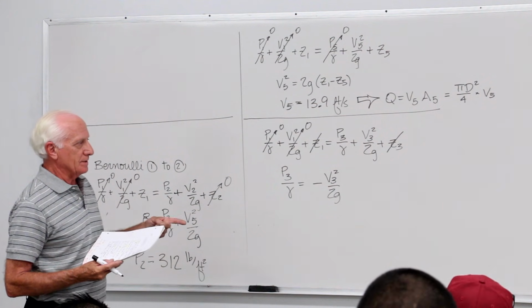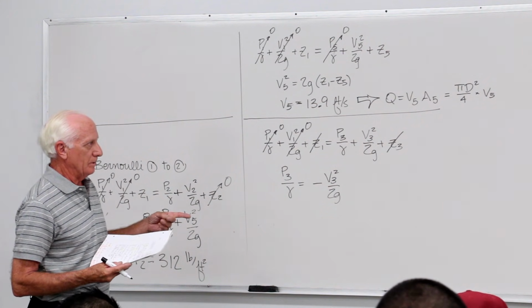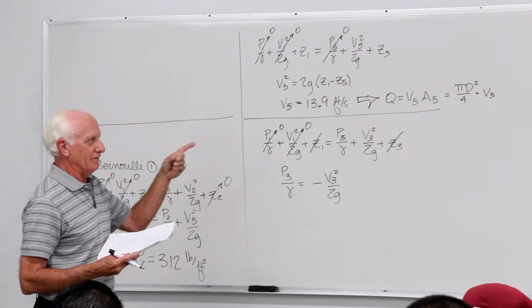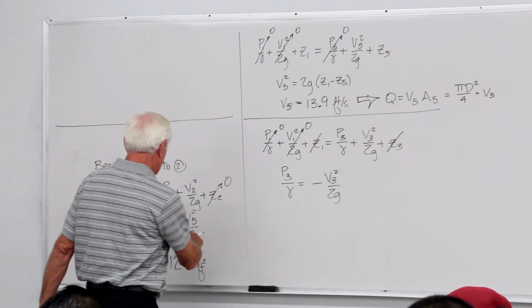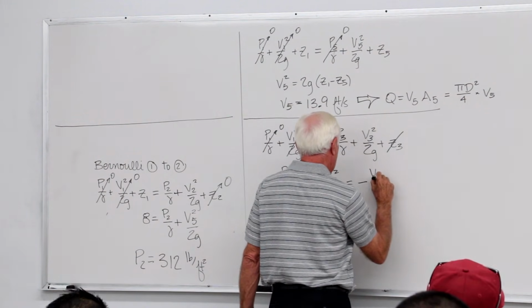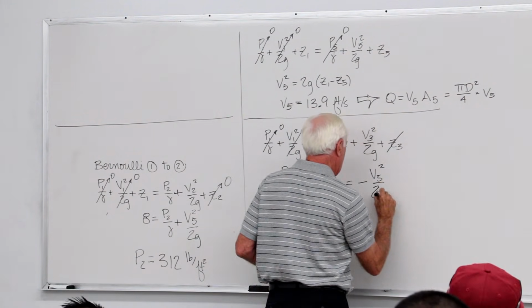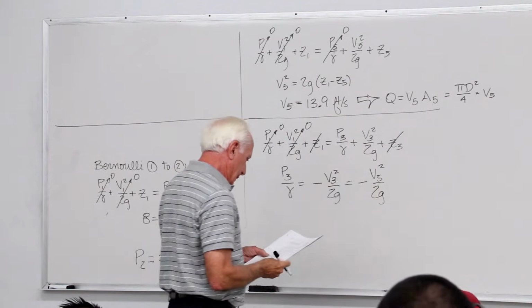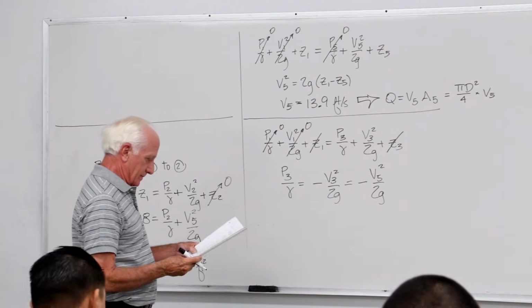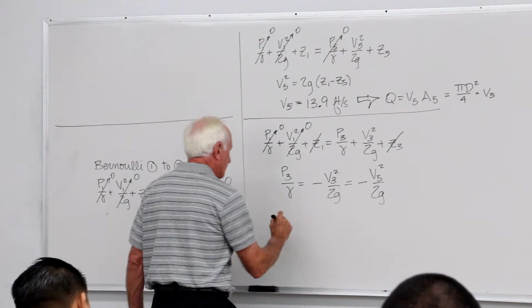Steady state, constant diameter, incompressible, V2 equals V3 equals V4 equals V5. So it's the same thing, V5. And let's see what pressure that was. P3, yeah, okay, minus 187.